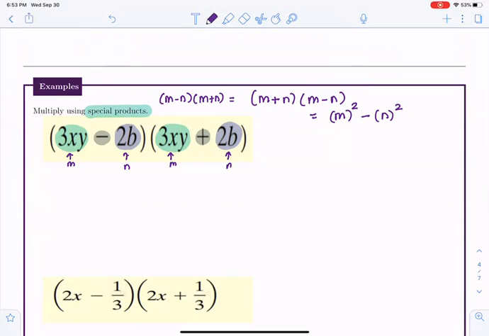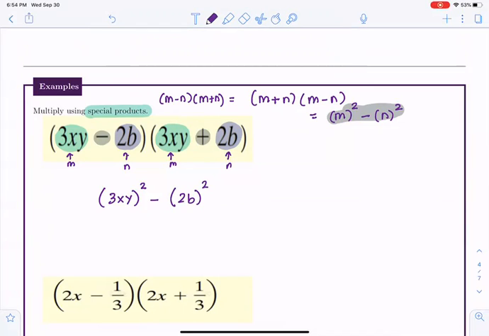So the identity says that the answer should equal m squared minus n squared. So m is 3xy. So I am going to have 3xy squared minus, in the middle, n is 2b squared.